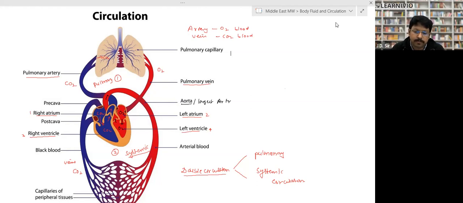Full stop. Next subheading, pulmonary circulation.